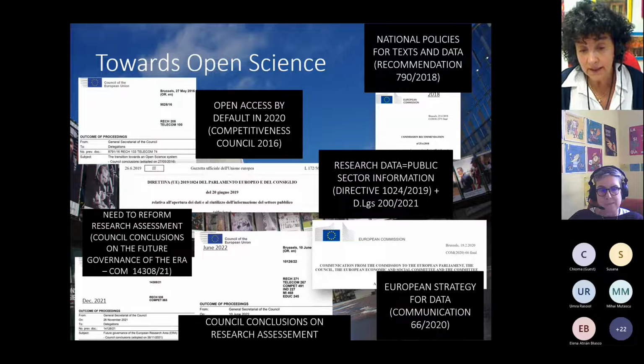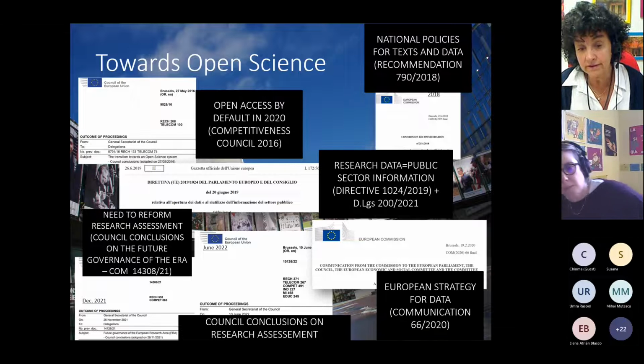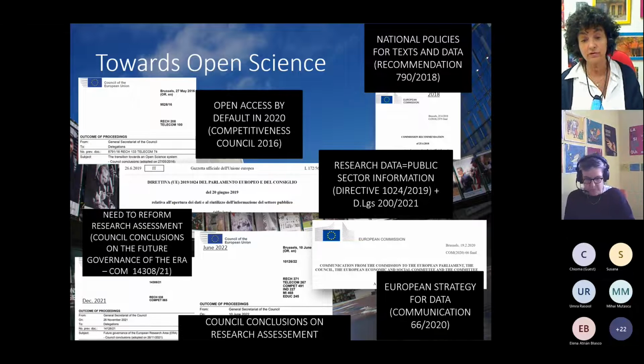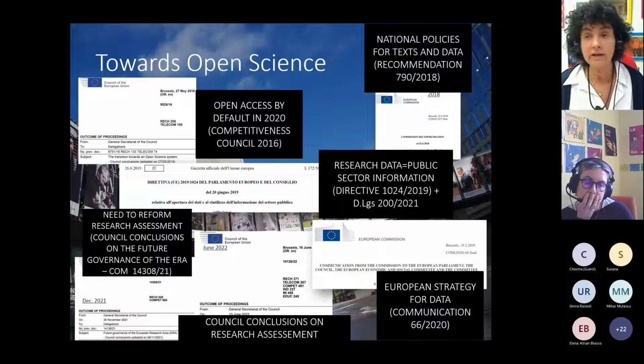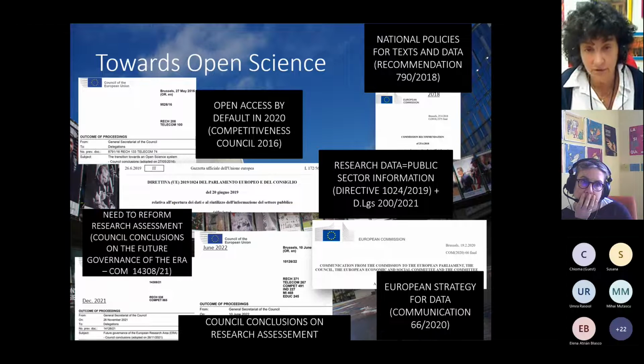And that's why in June last year, in 2022, we also had the Council conclusions on research assessment, stating that we need a different research assessment, no longer using journal rankings, no longer using only quantitative indicators, rewarding openness, rewarding collaboration, and so on.